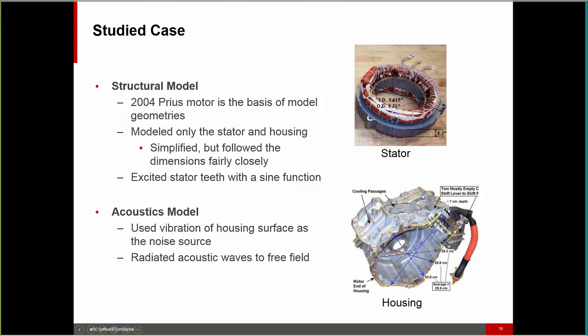We excite the stator teeth with a sine function to simulate a simplified radial force acting on the stator teeth. Once the structural vibration of the stator and the housing has been computed, we then use that as the input of our acoustic model. The acoustic model will propagate the acoustic wave from the surface of the stator housing into a free field, or an open space, if you will.